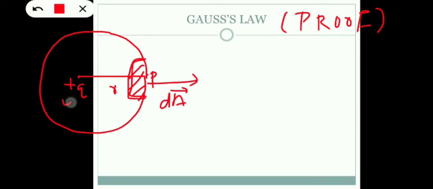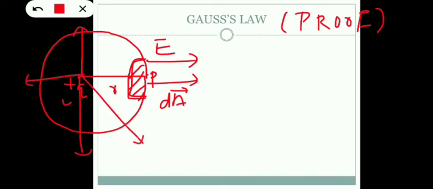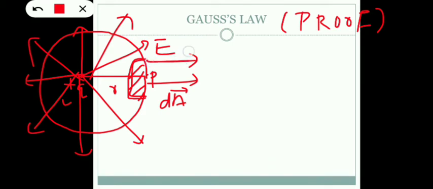Since this is a positive charge, the electric field will be pointing normally outward at any point on the sphere, because this is the direction of the electric field for an isolated positive charge. So this is the electric field and this is our area vector.